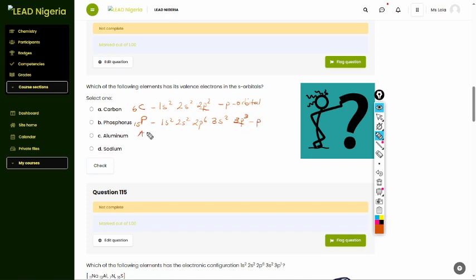Now for aluminium, with atomic number 13: 1s2, 2s2, 2p6, 3s2, and 3p1. This is also in the p orbital. Now for sodium, sodium is 11, so 1s2, 2s2, 2p6, and 3s1. The valence electron here is in the s orbital, so the answer is sodium.